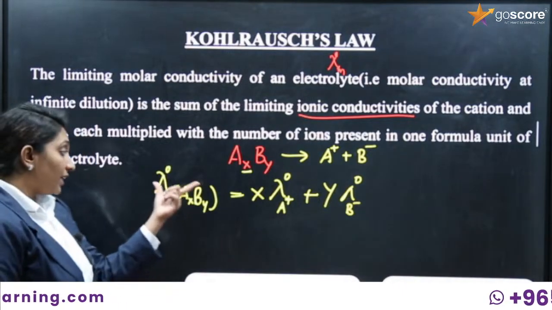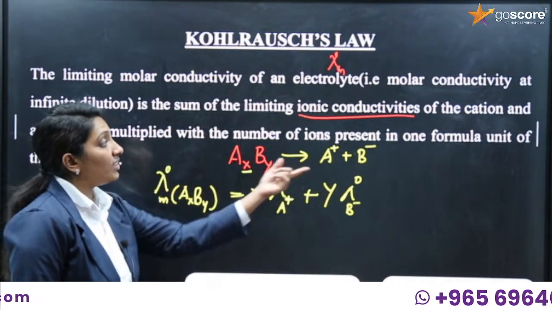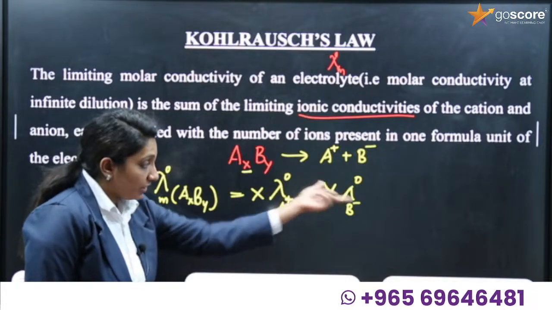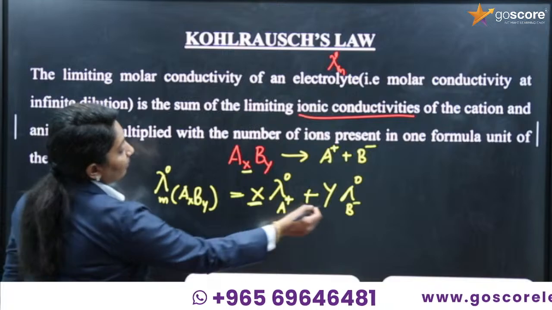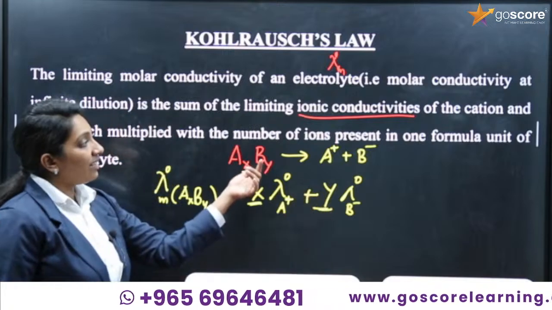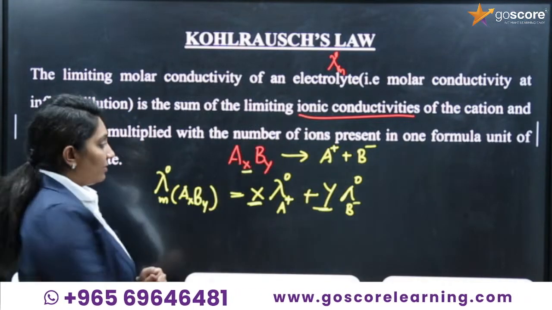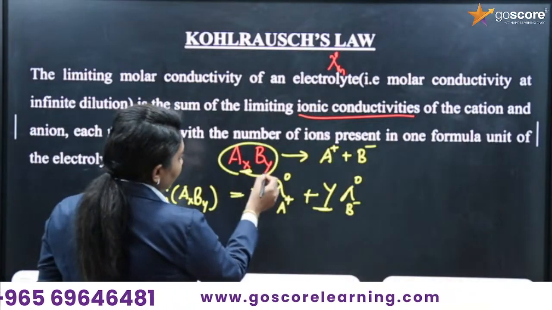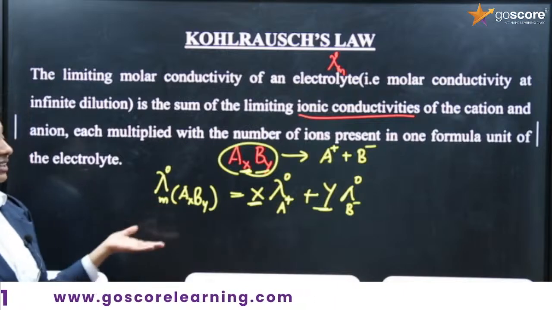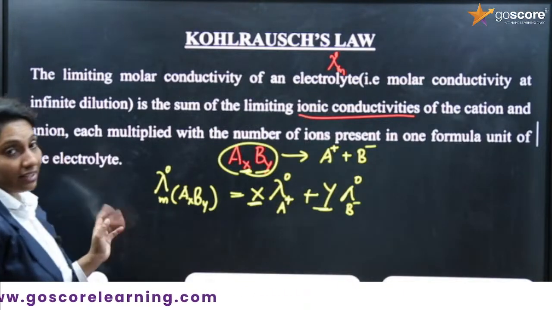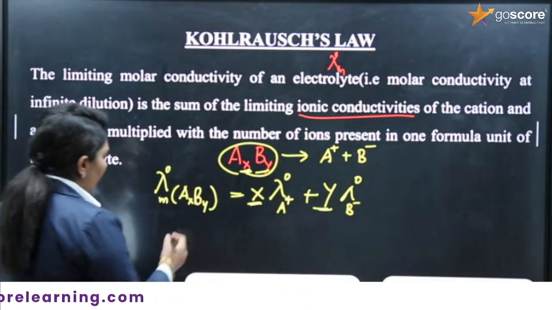The limiting molar conductivity of the electrolyte is the sum of the ionic conductivities of cation and anion, each multiplied with the number of ions present in one formula unit. We have to multiply the ionic conductivity with the number of ions in the electrolyte. Okay, we can take one example.